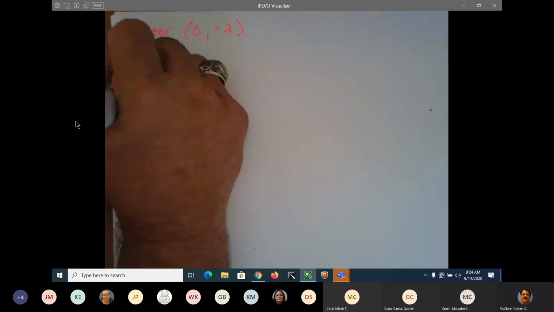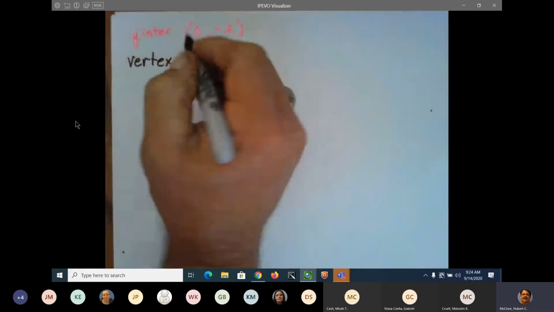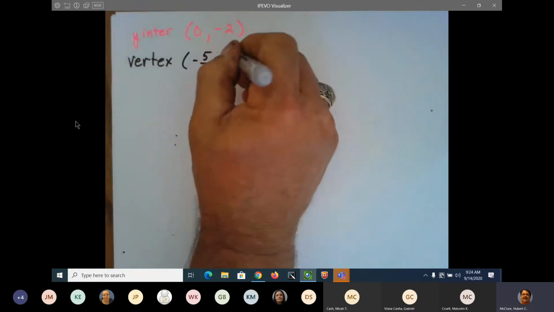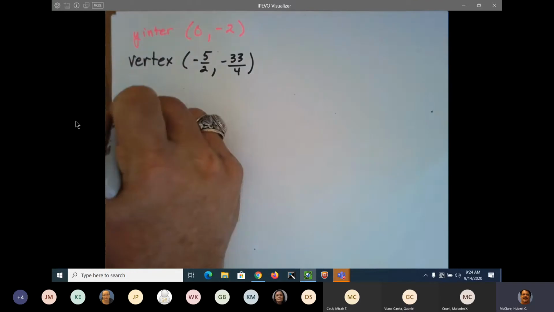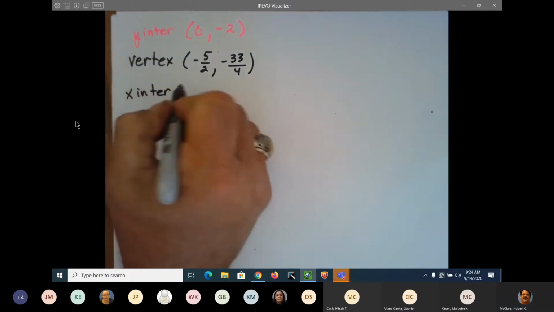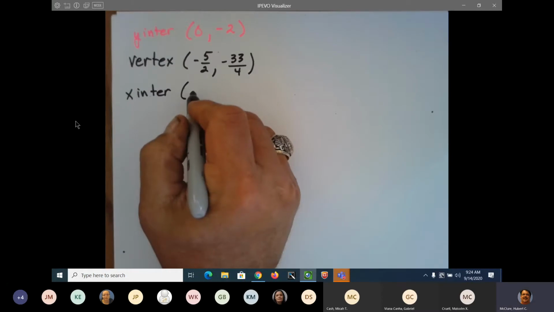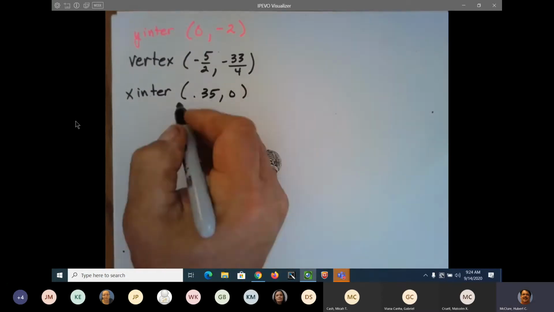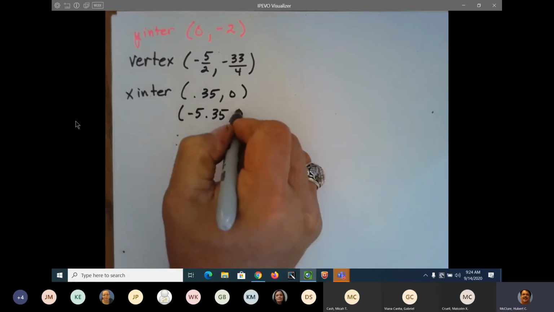Our vertex is (-5/2, -33/4). And our x-intercepts, one is (0.35, 0), and the other is (-5.35, 0).